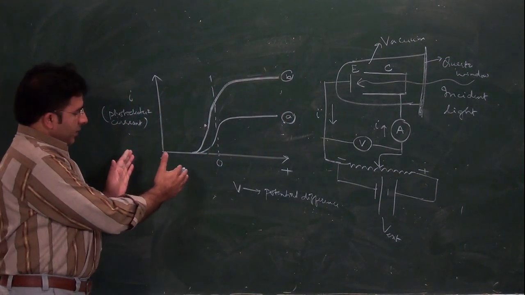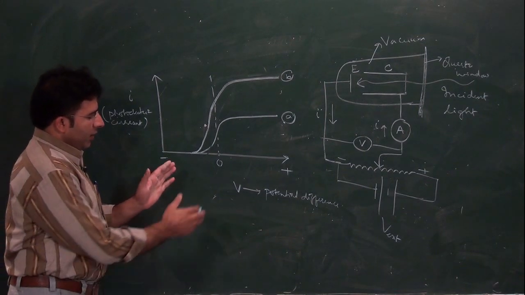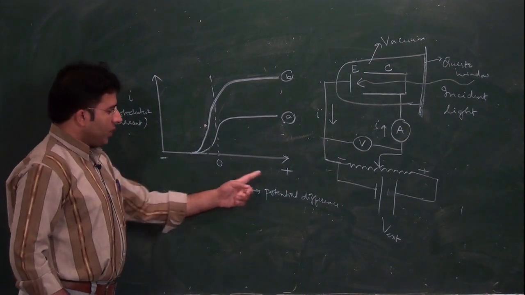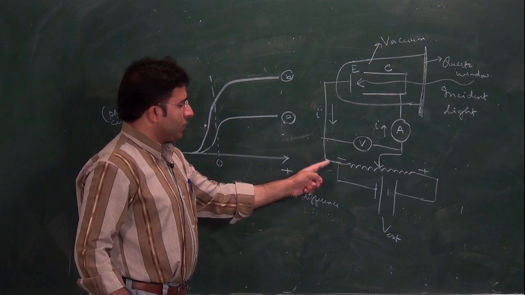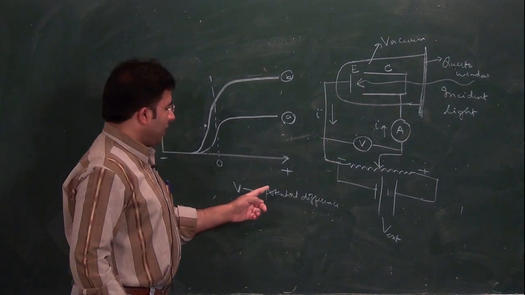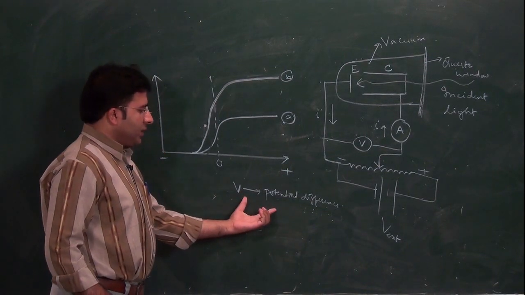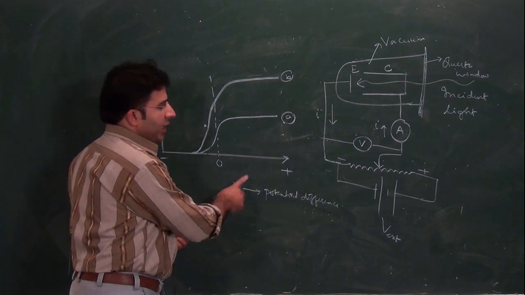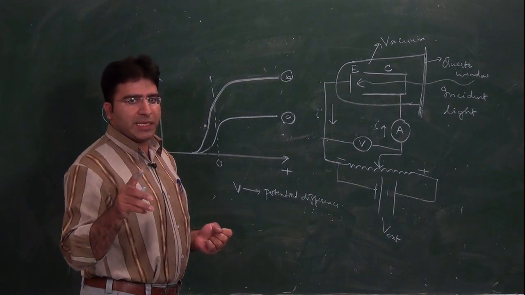Now, what is represented by the negative zone of this graph, and what is represented by the positive zone? In the positive zone of the voltage, we are connecting the emitter to the negative terminal and the collector to the positive terminal. That means when the potential difference V is positive, the applied voltage helps the collection of electrons by the collector.